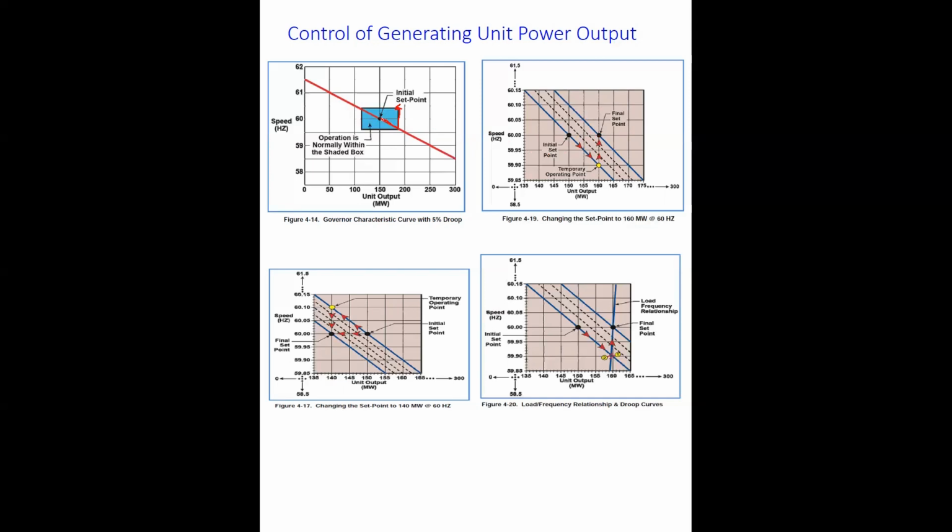And in case I consider a 140 megawatt change, the direction of the movement along the characteristic was this one, and this was a temporary value, and then it changed to this one here.